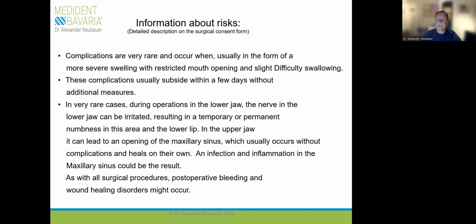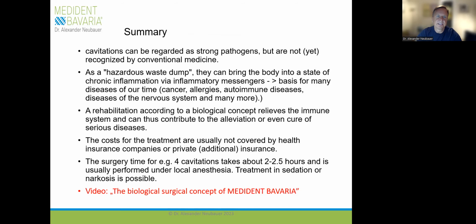An infection and inflammation in the maxillary sinus could be the result. As with all surgical procedures, post-operative bleeding and wound healing disorders might occur, but as I told you, we have never had some of these complications.